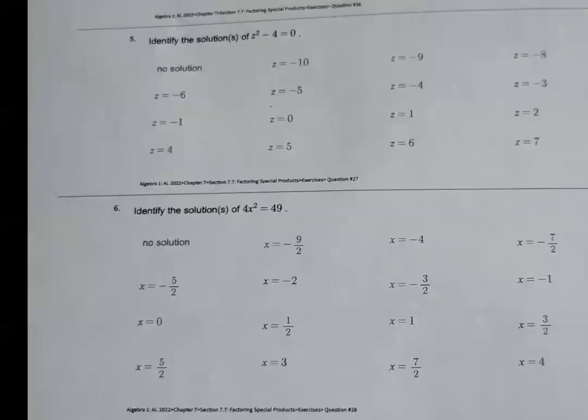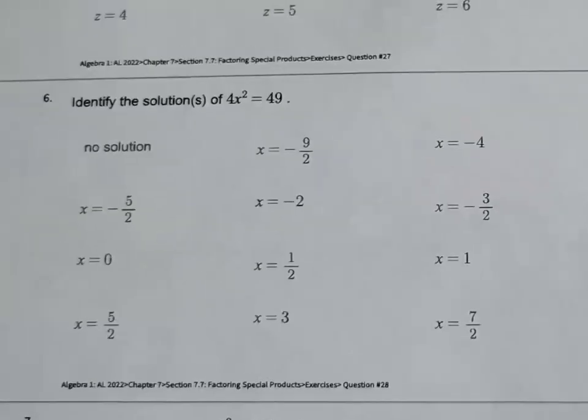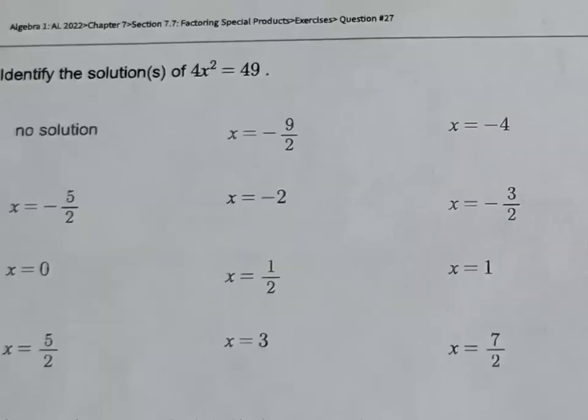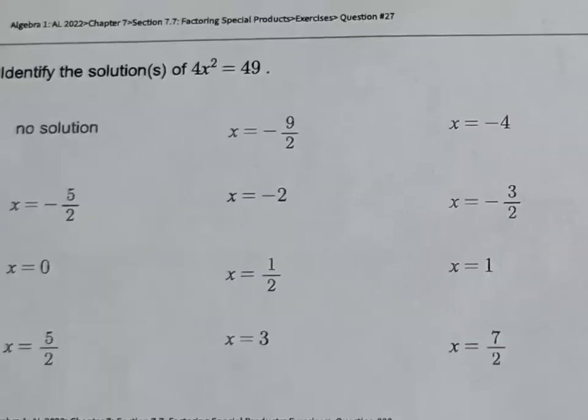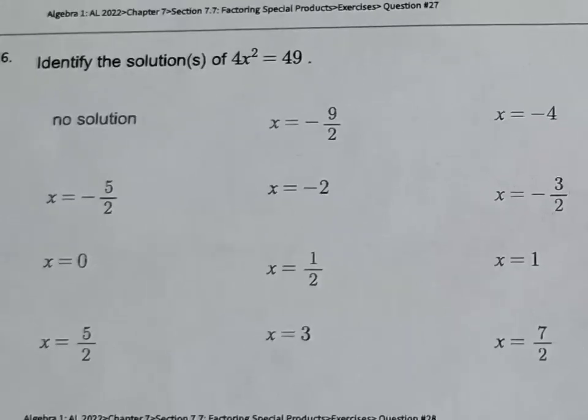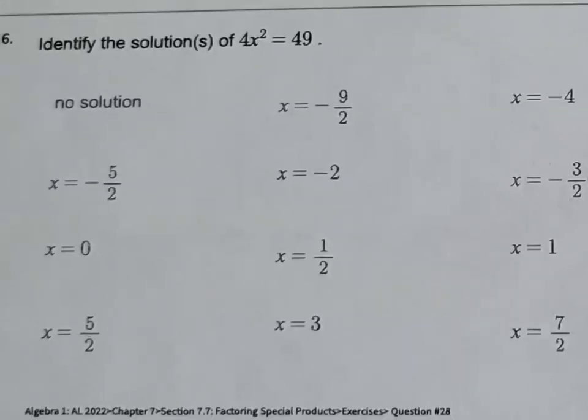Okay. All right. Now, this one, you can change it back so you can factor it, or you can do what I just did. So I'll actually show you both ways. If we're going to do the way that I just did, we can just divide both sides by 4, and we get x squared equals 49 divided by 4.